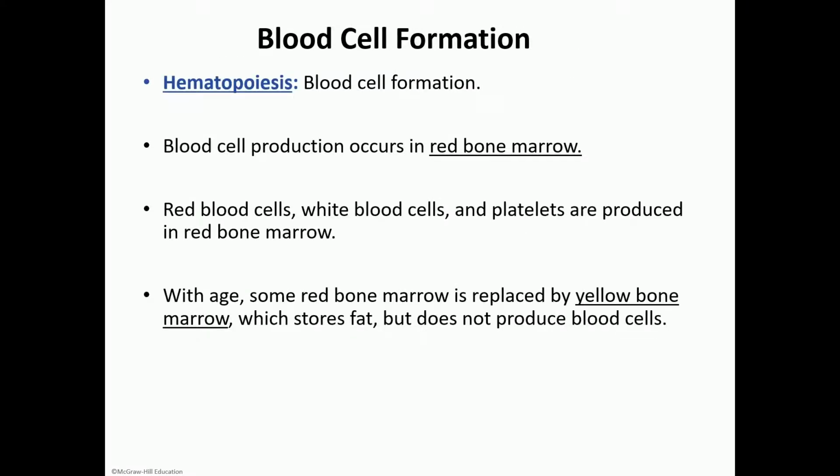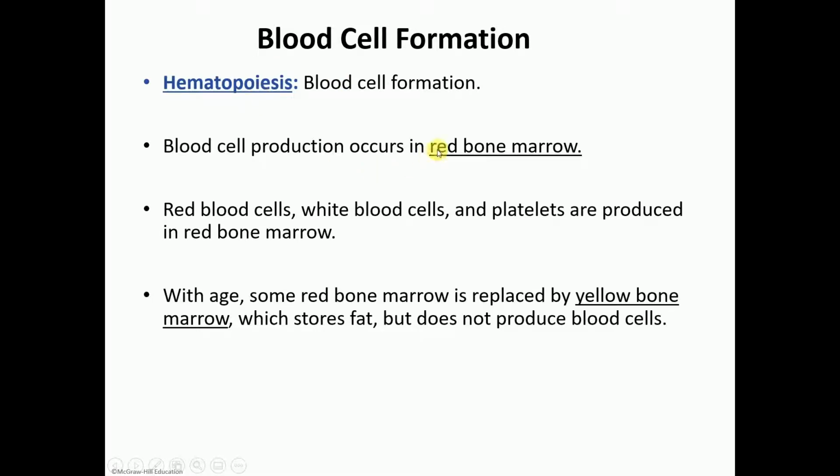Now, the formation of blood cells is known as hematopoiesis. Poiesis means to synthesize, to make something. Hemato means blood. So we are making blood cells. So again, the process of blood cell formation is known as hematopoiesis.